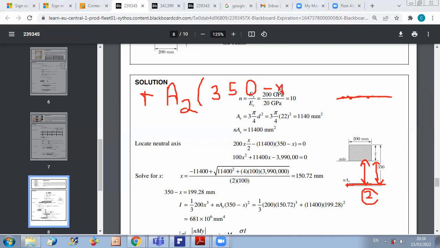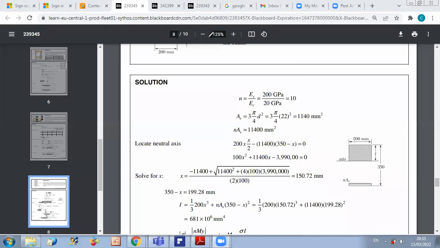And don't forget that A2 is the modified area, so it's n times As, the area of steel. Okay, and then you can compute your total inertia. This is the total inertia of the modified section about the neutral axis. And since all the dimensions you are using are in millimeters, you will get the value of I in millimeters to the power 4.